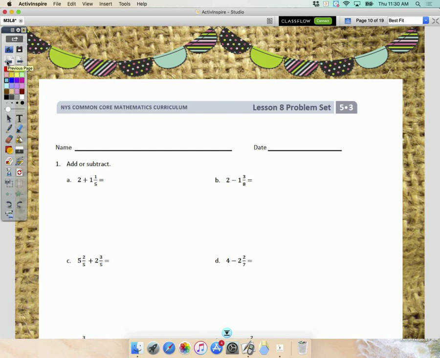Get your name on both because we will not finish. So what we're going to do is write the answer on the problem set, then transfer to the template. That way, you can have easy number lines. Make sense? Okay.